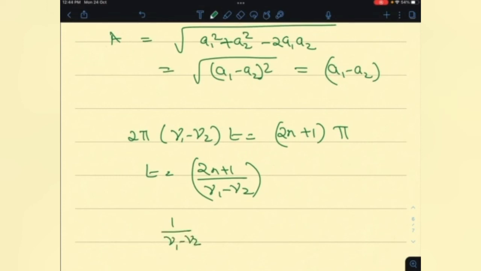If you put n equal to 1, it is 3 by 2(ν1 − ν2), and it goes on: 5 by 2(ν1 − ν2), etc. That is the condition for minimum. This is my 16th equation, I believe.